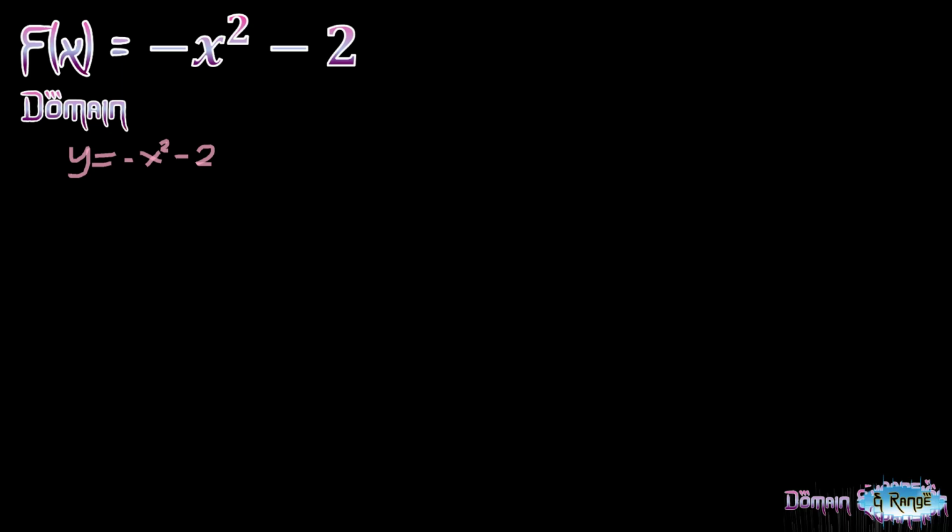If we use negative values such as -2, you're still going to square it. The square of -2 is +4, so you will have minus of that, -4 minus 2, -6, a real number. Even if we have a rational or irrational number, let's say square root of 2, the square of the square root of 2 is just 2, negative of that minus 2, -4, still a real number.